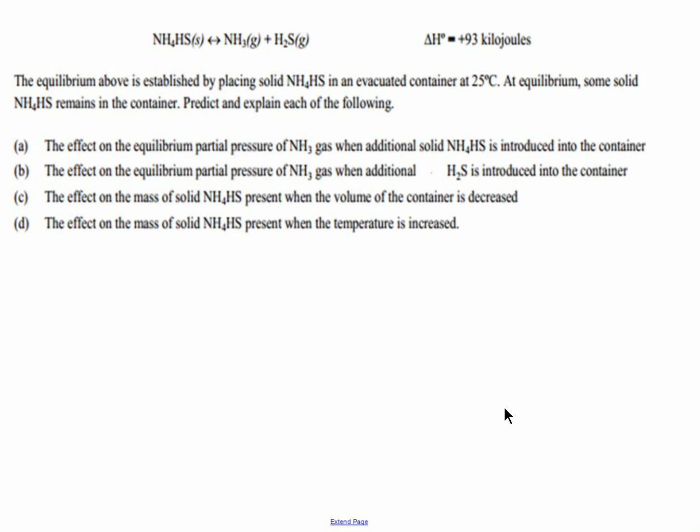All right, so we have this stuff happening. Let's see what happens. The effect in A. What's the effect on NH3? So we're going to define it by what happens to this. When additional solid is added. So if I add, I go away. Going away means I produce more of the other side, correct? So NH3 would do what?